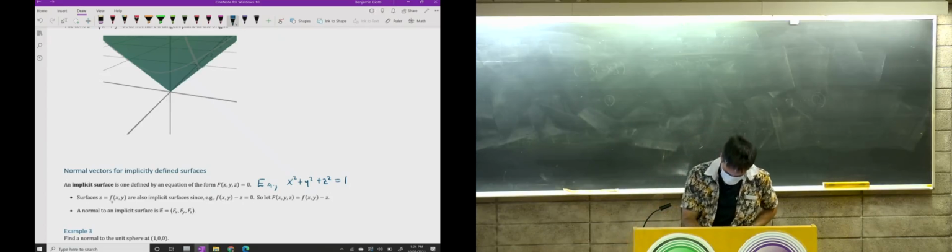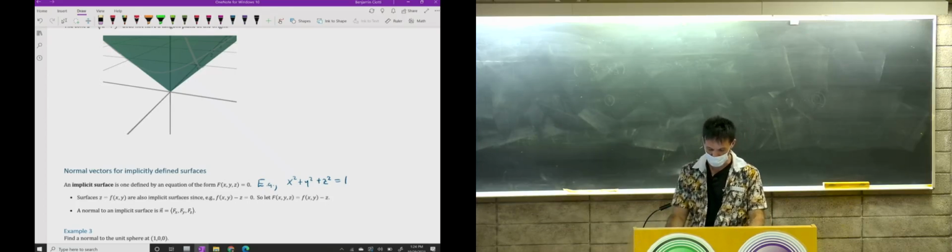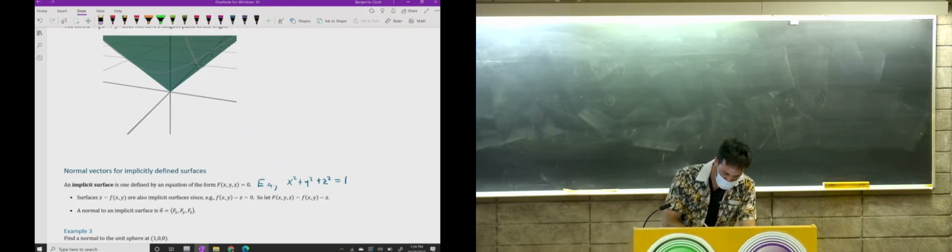So graphs are actually special cases of implicitly defined surfaces. That is, surfaces where you can express z as a function of x and y are also implicitly defined surfaces. You can see that if you just take the z in this equation and move it to the other side.